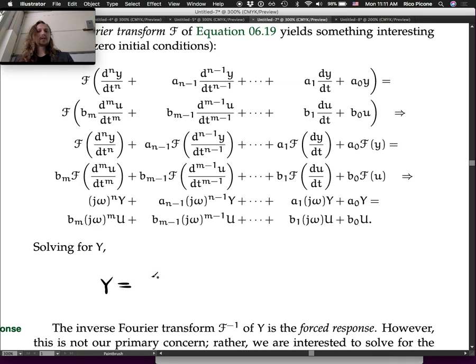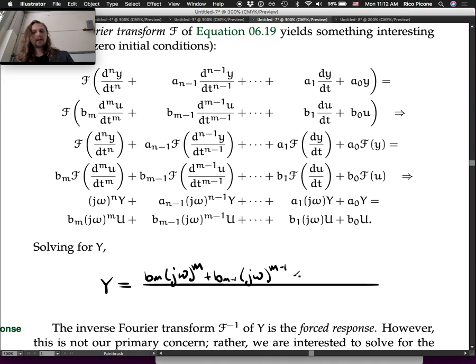Y equals, in the numerator, b sub m j omega to the m plus b sub m minus 1 j omega to the m minus 1 plus, down to b1 times just j omega plus b0.